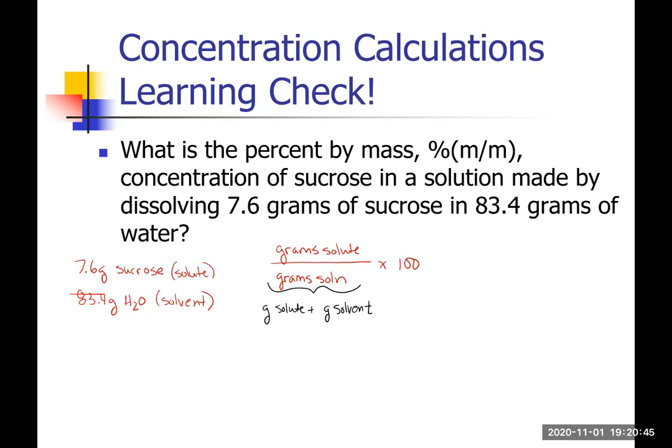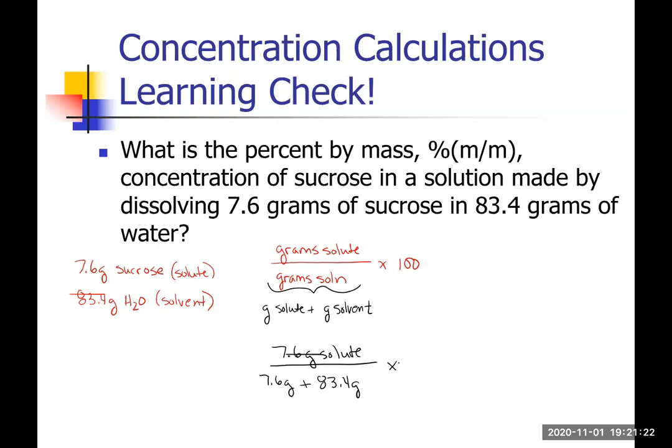So we have our grams of sucrose, that's our solute. So that's going to be 7.6 grams, and that's going to be over the total grams of the solution. They give us grams of water, that is the solvent, so we're going to add the solute and the solvent together. So this is 7.6 grams of solute plus the 83.4 grams of solvent.